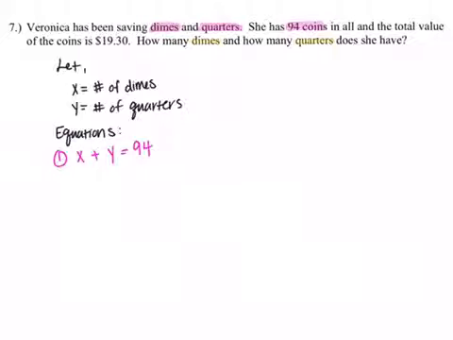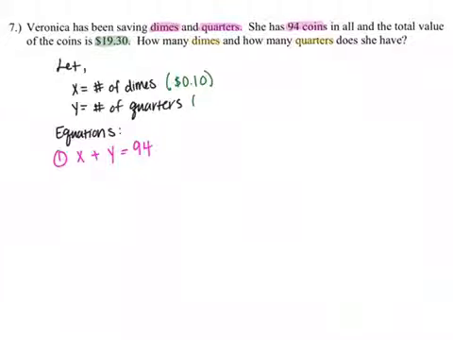You can see here when we add up all of our coins, we get $19.30. Well, first let's think about how much a dime is in money terms. A dime is about 10 cents, right? In other words, 0.1.